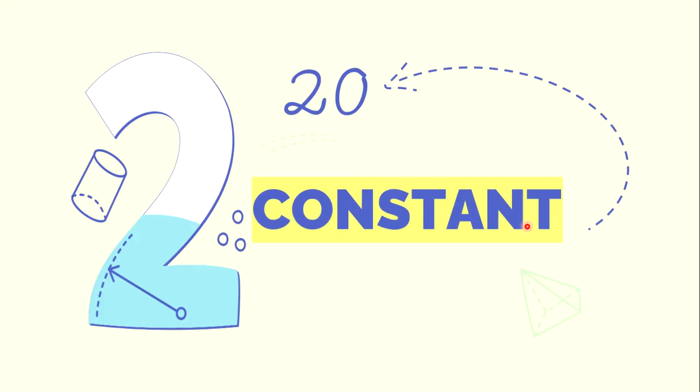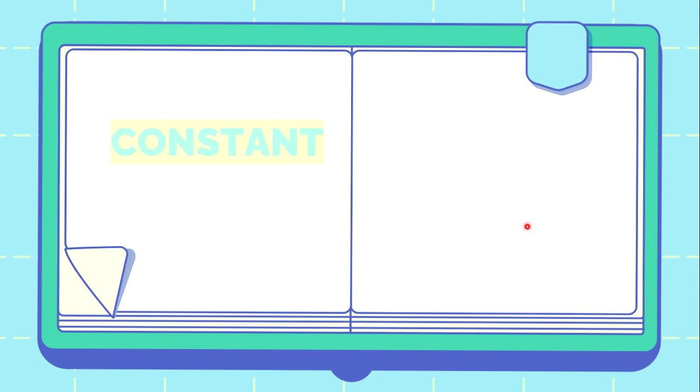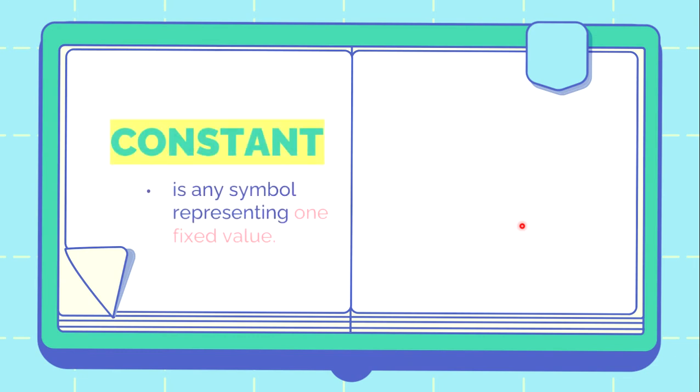Second is the constant. A constant is any symbol representing one fixed value, meaning to say it doesn't change. That's why it's a fixed value and what we call the constant. In mathematics, examples of numbers that do not change are 1, 2, 3, and so on.